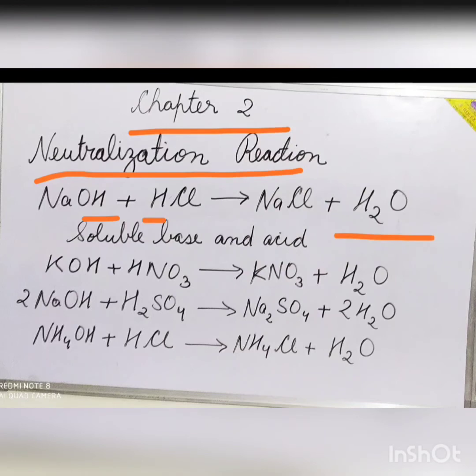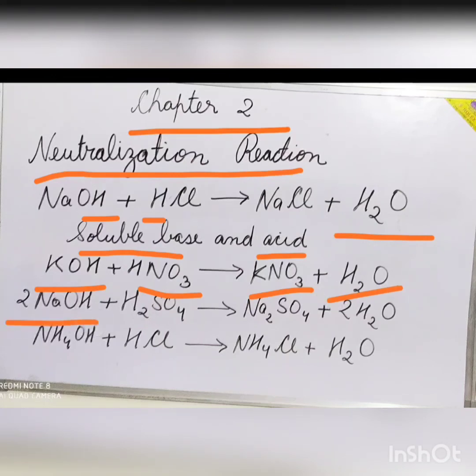In neutralization reaction, a soluble base, also called alkali, reacts with an acid, or an insoluble base reacts with an acid. So some examples of neutralization of a soluble base and acid: potassium hydroxide reacts with nitric acid to form potassium nitrate, which is a salt, and water.